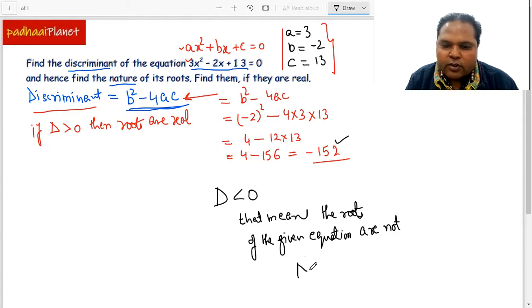That's the nature of the roots of this equation. So they are not real, and hence we cannot find them, right?